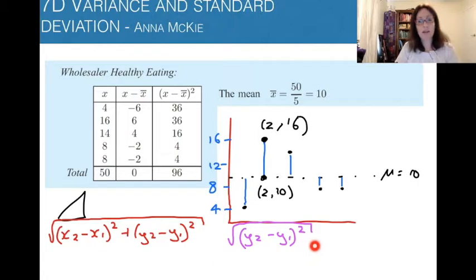You might already be able to see some connections with the standard deviation formula that had a subtract here, it had a square and a square root. So this is the formula for just one point. That's how we would calculate the distance between these 2 points, the 16 and the mean of 10.